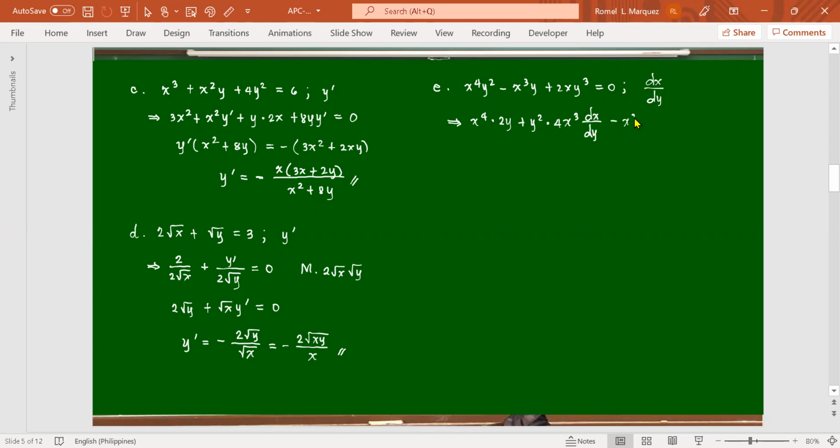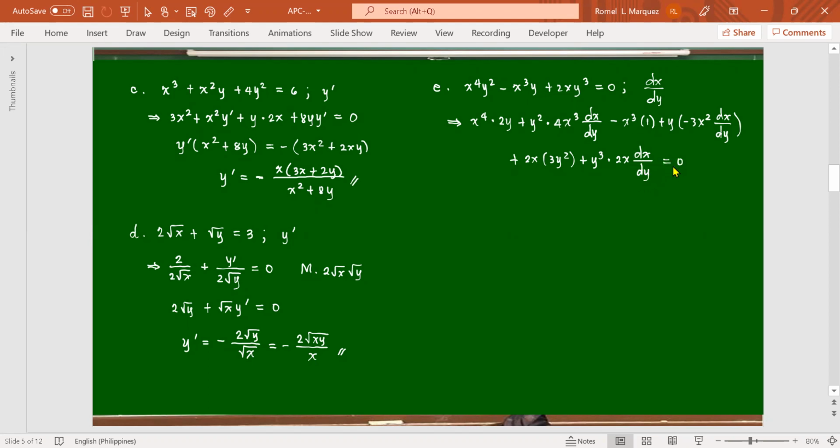Second term: the first times the derivative of the second, that is 1, plus the second times the derivative of the first, that is negative 3x squared, derivative of x with respect to y. Then, plus, last term on the left side, product: the first times the derivative of the second, 3y squared, plus the second times the derivative of the first, 2x, derivative of x with respect to y.